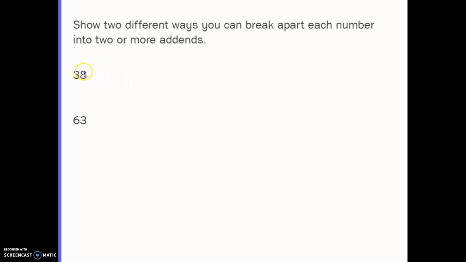I have two numbers here, 38 and 63. And what I need you to do on your whiteboard is to break apart each number into two or more numbers that you can add together. So for example, 38, I could break that apart into 30 plus 8. Sorry about that, my marker didn't work very well. Or I could also go 30 plus 4 plus 4.